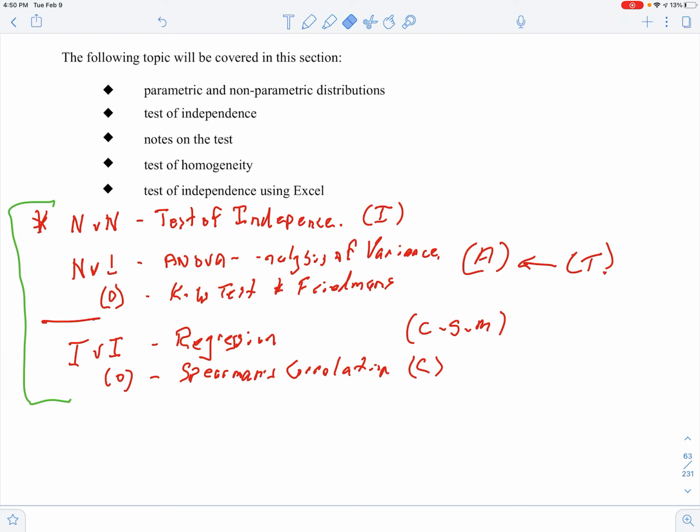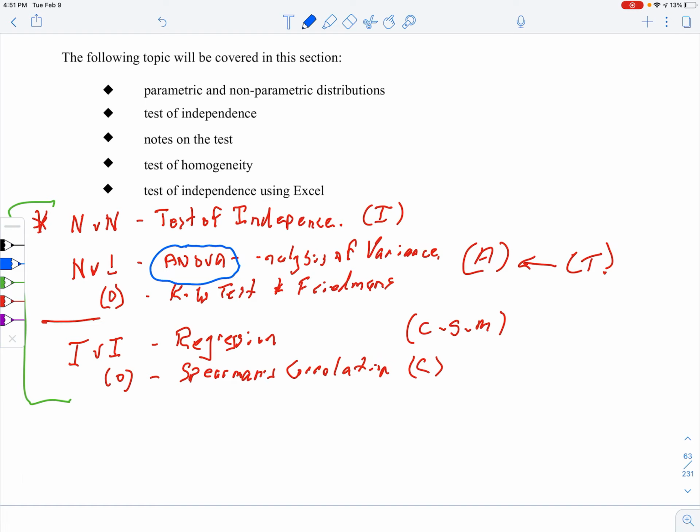So if it's two nominal variables, then we would use a test of independence. But if we have one nominal and then one interval variable, or later we'll see it could be an ordinal variable, then we're talking about something called analysis of variance, or ANOVA. That's where ANOVA comes from, is analysis of variance.